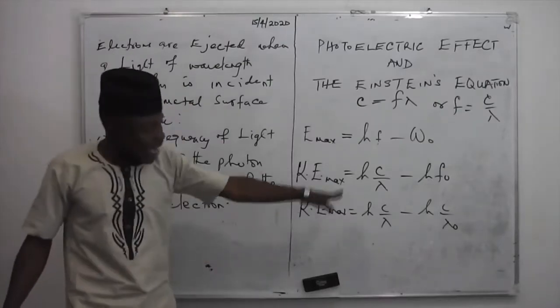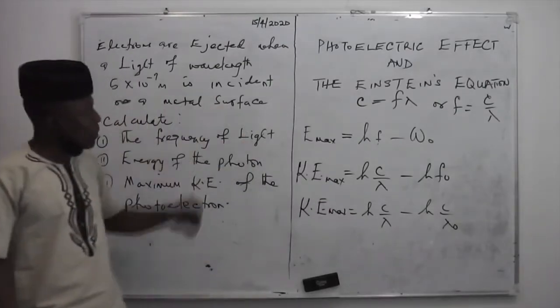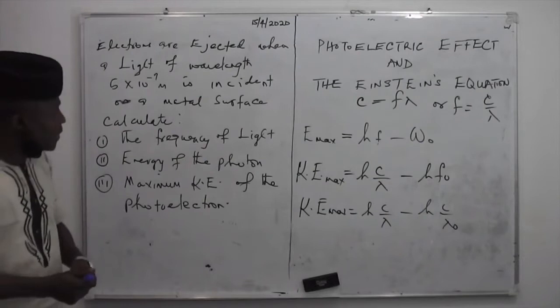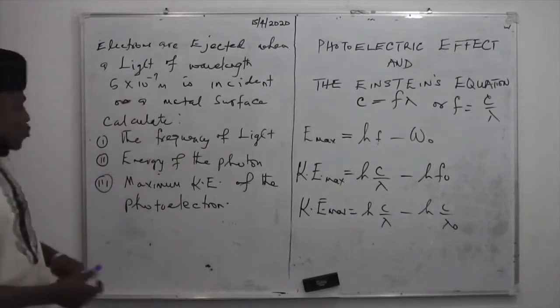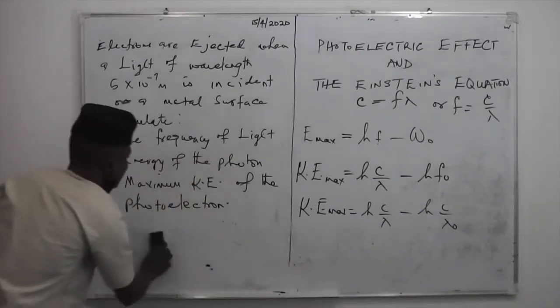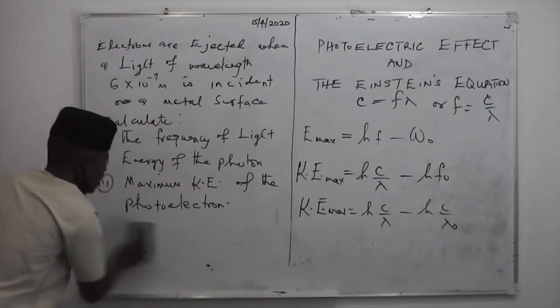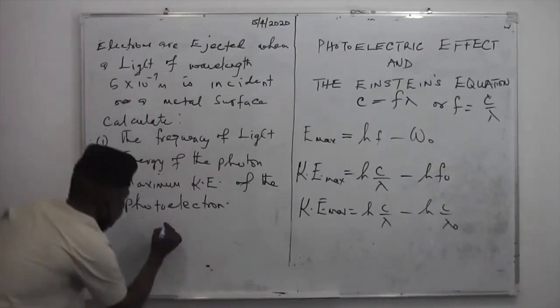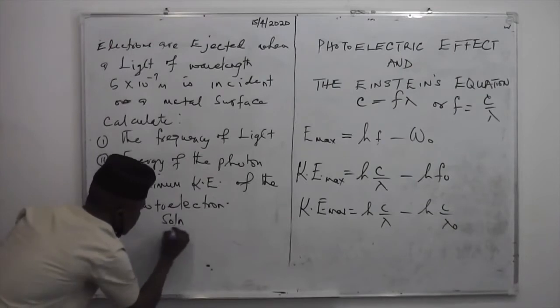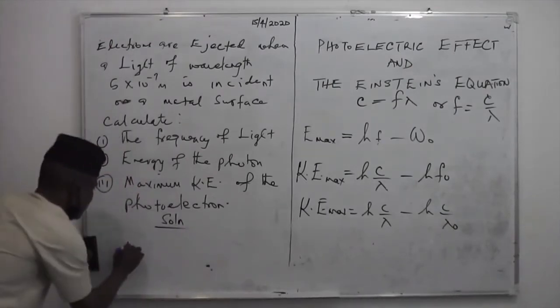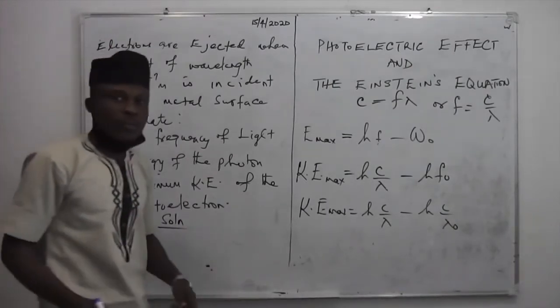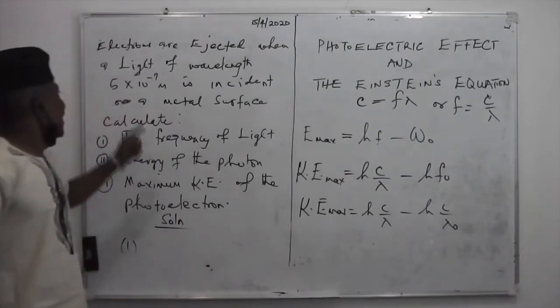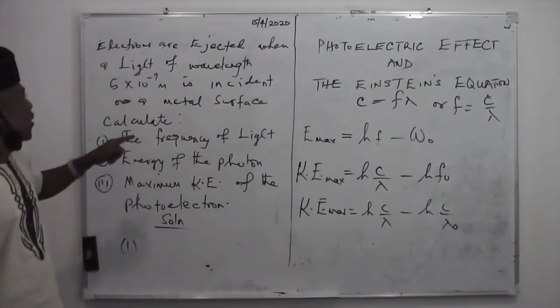Now, using these equations to solve the problem above, we will see that from the question, electrons were ejected by light of a given wavelength.